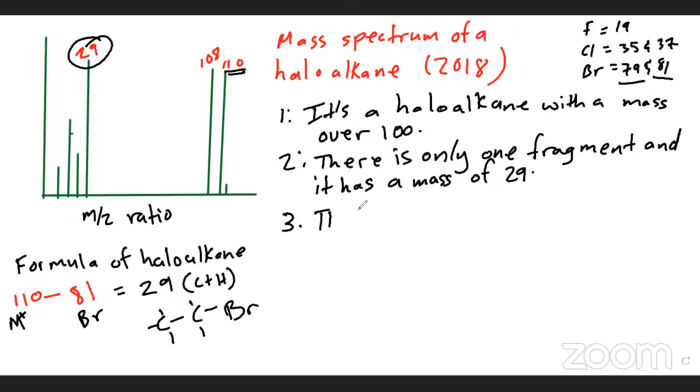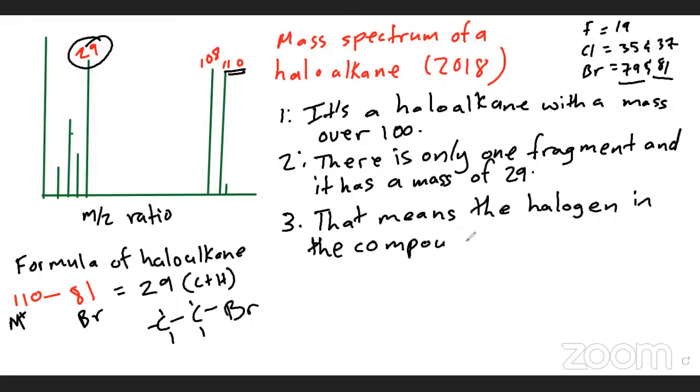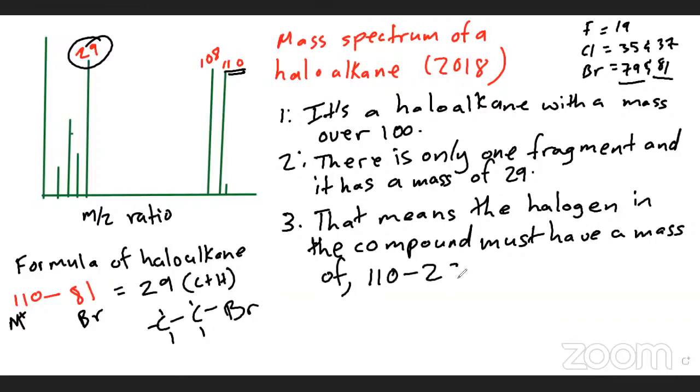That means the halogen in the compound must have a mass of 110 minus 29.